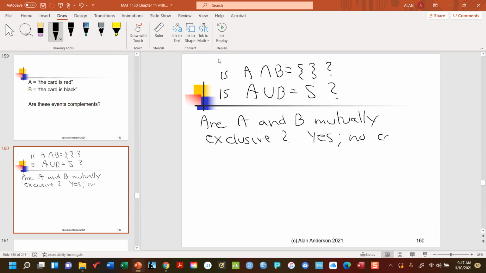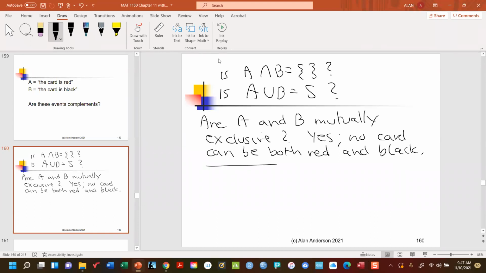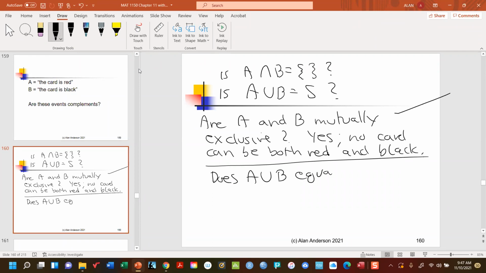No card can be both red and black. It doesn't exist. That question is satisfied. I'll put a big check mark here. Does the union equal the entire sample space?